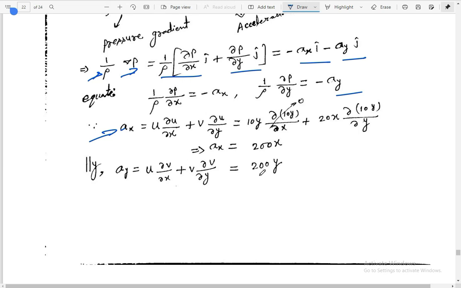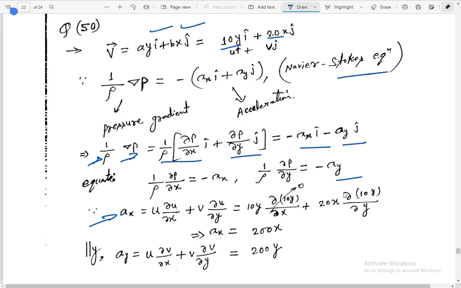Just put the values: u is equal to 10y, and dou u by dou x means the differentiation of 10y. 10y is constant because I am differentiating with respect to x, so it will be 0. Again 20x, dou u by dou y of 10y. So after differentiation, we will have Ax equal to 200x.